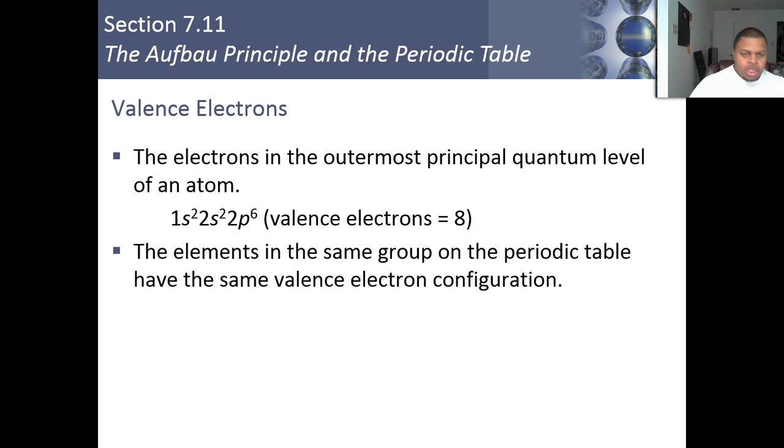Okay? Now, the elements in the same group of the periodic table have the same valence electron configuration. So that means, say, neon is going to end, well, let's see, 1s2, 2s2, 2p6. If I were to go down one, and I want to make sure that I'm saying this correctly, from neon we move to argon.